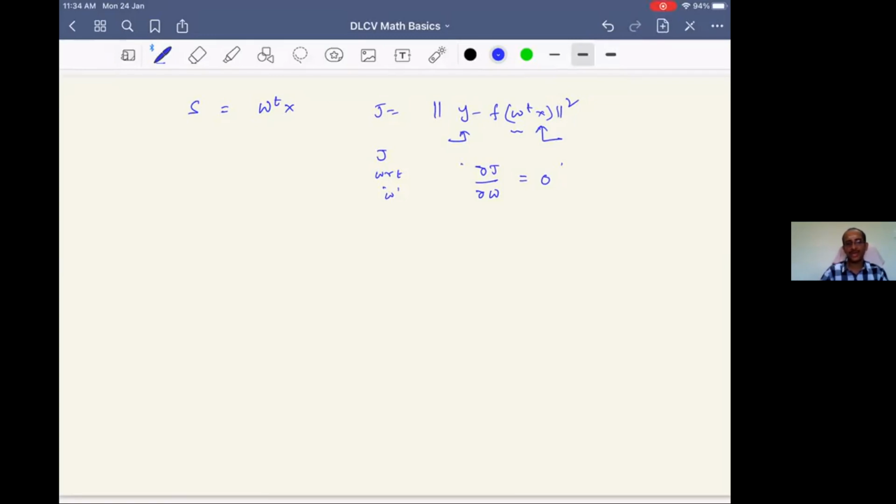So in such a case, the feasible way is to find dou J by dou w, that is the gradient, and then update w in an iterative way such that we move towards the optimal solution, the w that minimizes J. That optimization procedure is referred to as gradient descent.